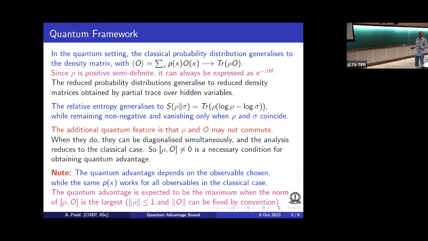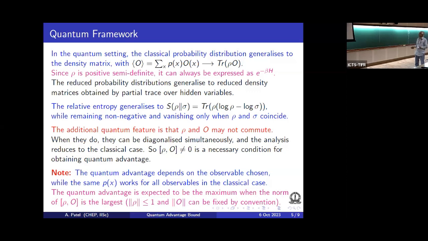There is no analog of that in the classical system, where once you have a probability distribution, you just calculate whatever observable you feel. But this is a more restricted case: for some observables, the classical thing will work very well, but there may be some other observable where the quantum description will give you an advantage.